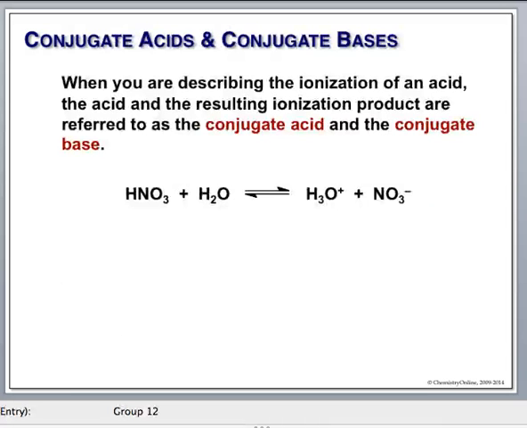Now, in this reaction, nitric acid is reacting with water to give hydronium and nitrate. Okay, monoprotic acid, we can do this. We know that nitric acid is our Bronsted acid because it donates a proton. Water is the Bronsted base because it accepts the proton.